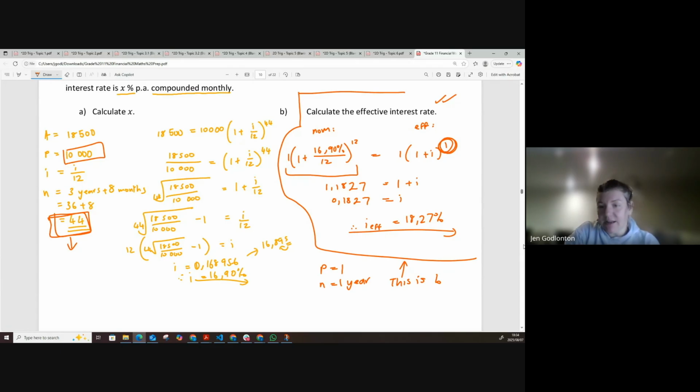Yeah, exactly. It's just easiest. And you'll never be asked to do anything different. So this is a good example where there is a p-value, but I don't need to use it. I can always make it investing R1 for 1 year whenever I do converting between effective and nominal interest rates, anytime.